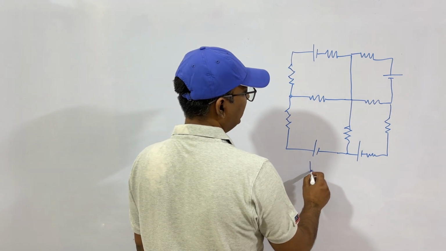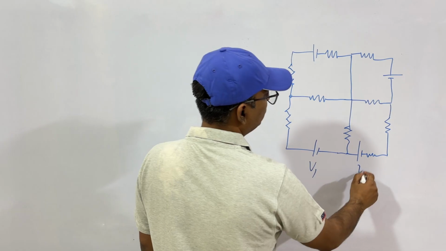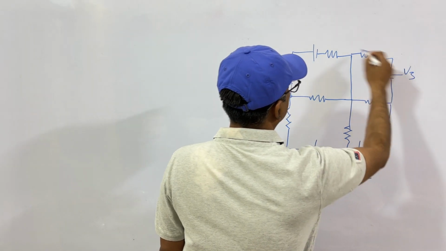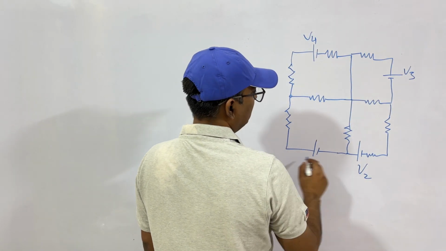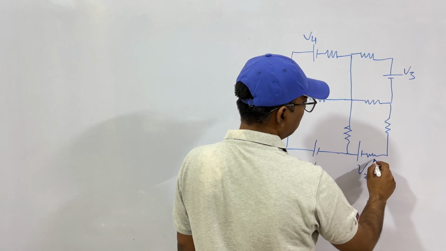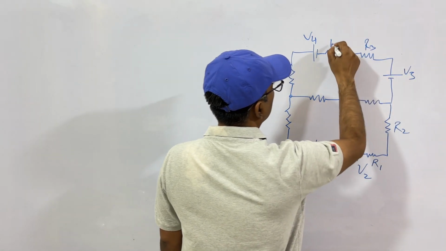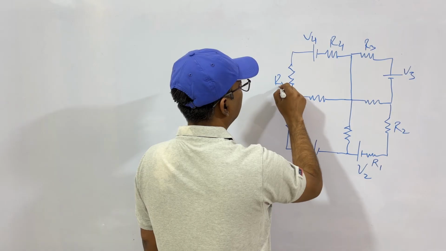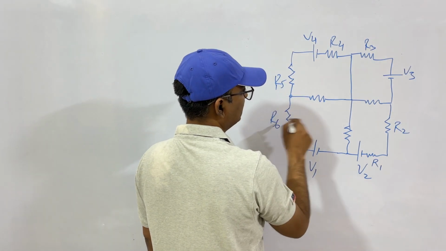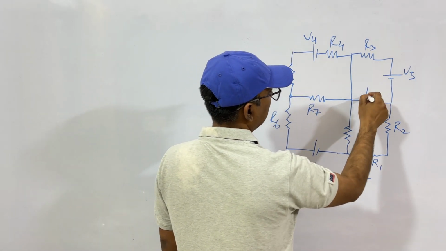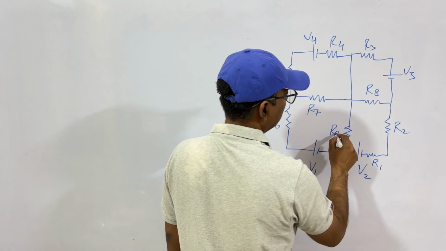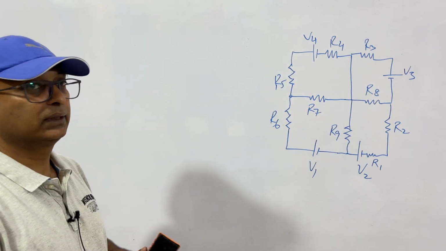Let's say this is V1, V2, V3, V4. Let's start numbering in this direction only. Let this be R1, R2, R3, R4, R5, R6, R7, R8, R9. So let this be a big network.